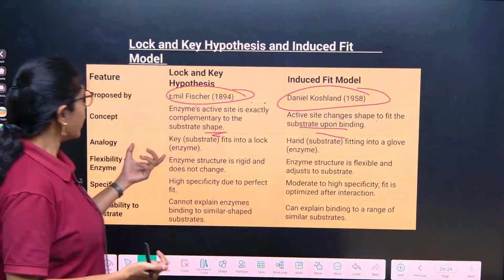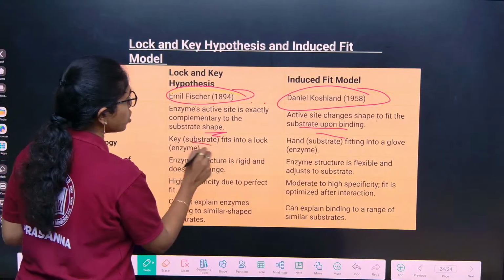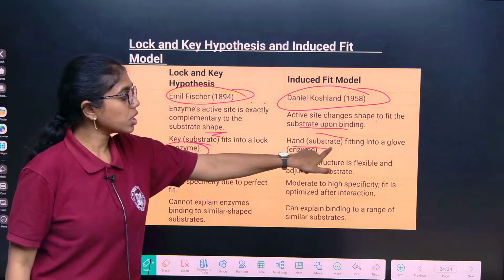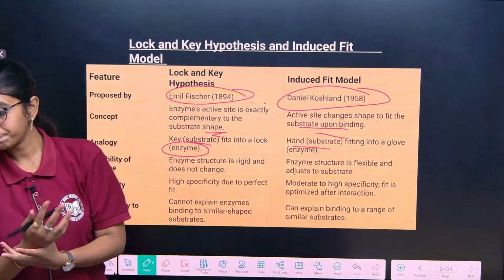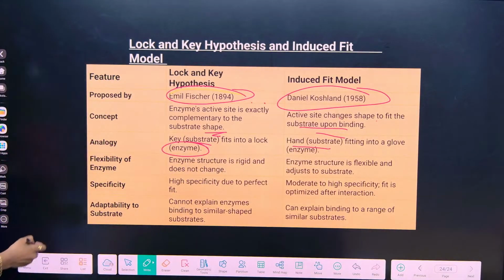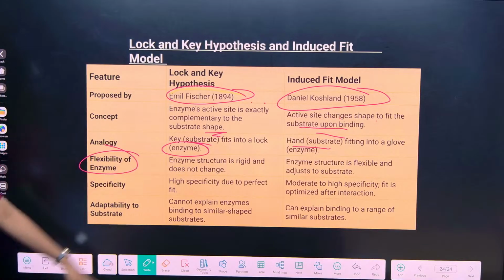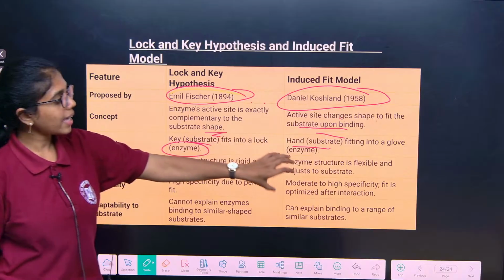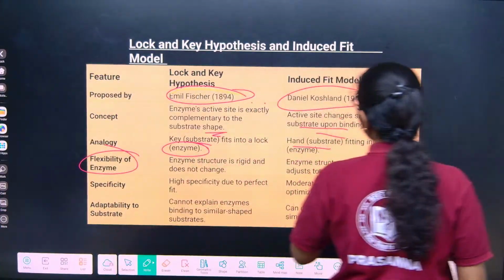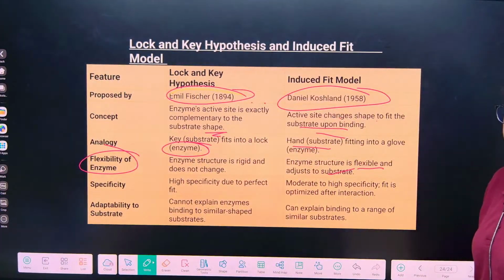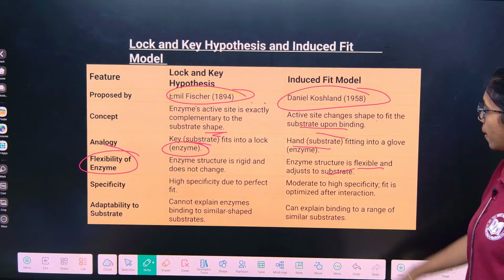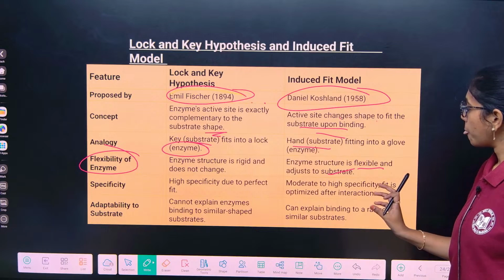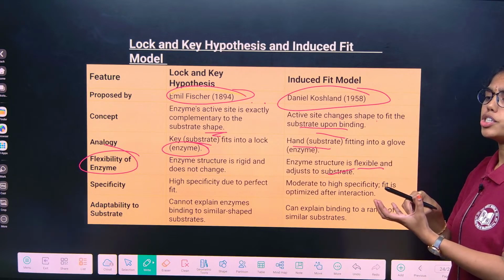Here the key is the substrate which fits into the lock of the enzyme in the lock and key hypothesis. Here the hand is the substrate which is fitting into the glove. Then the flexibility of the enzyme: the enzyme structure is rigid and does not change. Here the enzyme structure is flexible and adjusts to the substrate. I am speaking about the active site of the enzyme; the substrate will adjust into that.